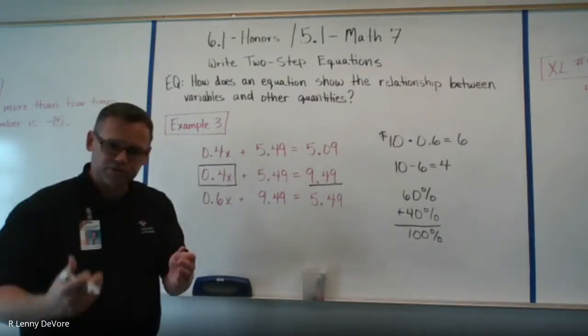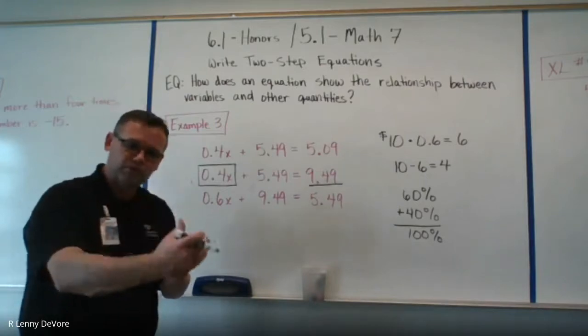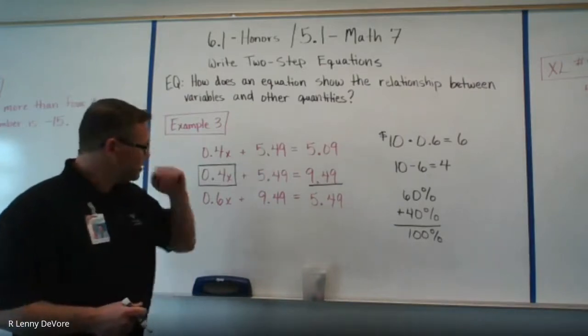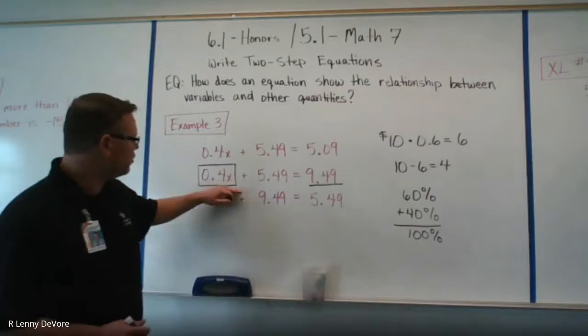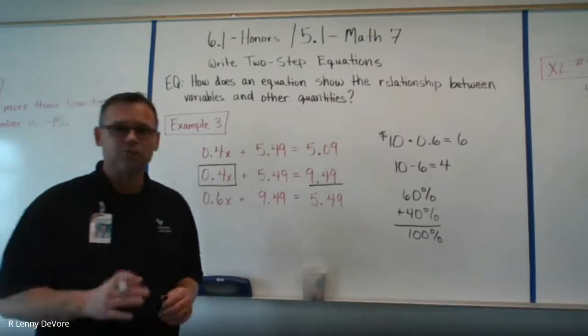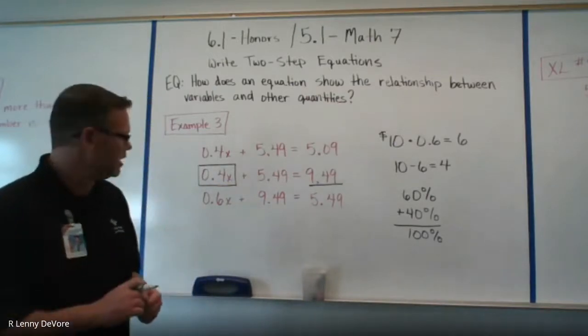Even though it's 60% off, we want 40% of that price. Okay? And we're going to go over that over and over again. You've probably seen it somewhat, but we're going to make sure you really get it, okay?